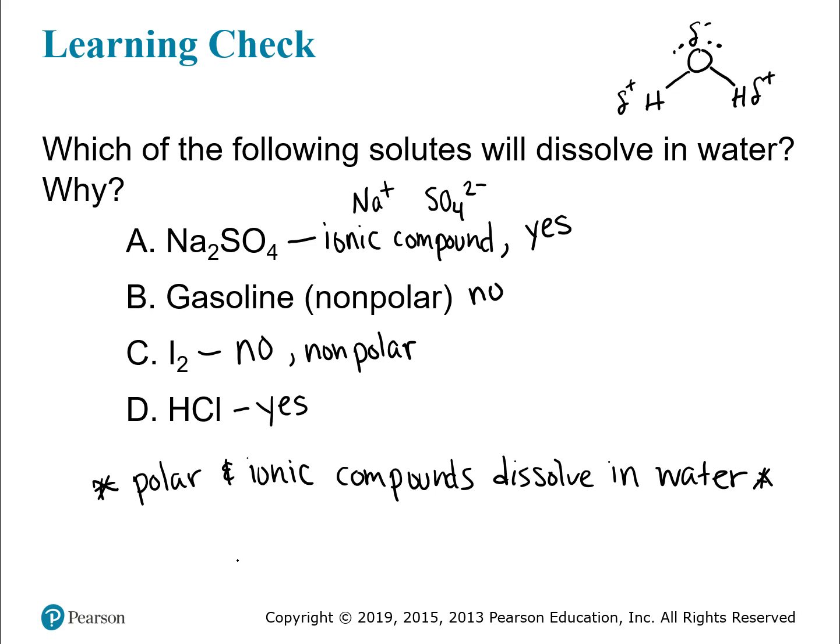You may need to go back and refresh yourself on chapter 6 to remember those classifications of polar, ionic, and nonpolar. That will help you when you're trying to figure out whether a solute will dissolve in a particular solvent. Any questions here? Or are we ready to move on?